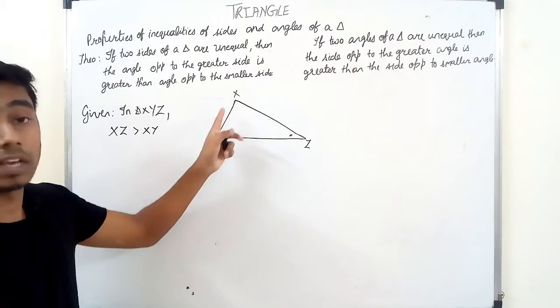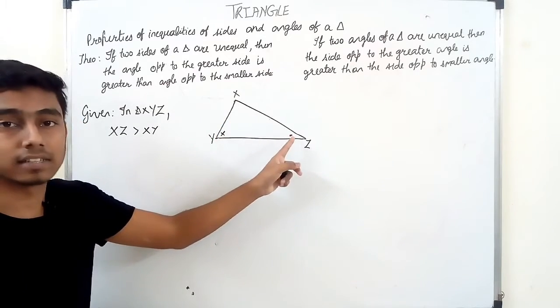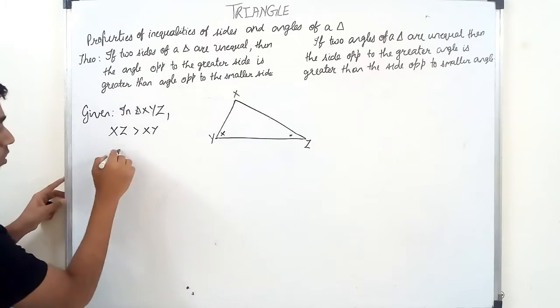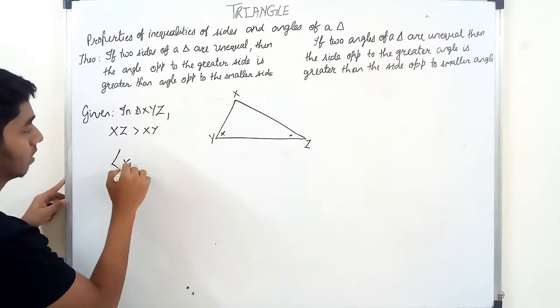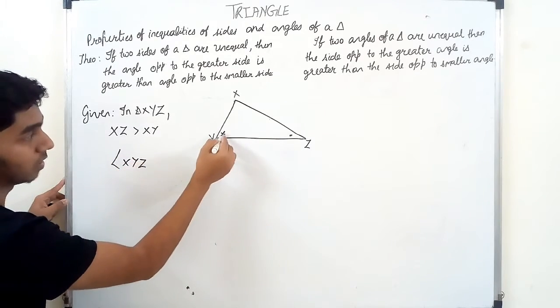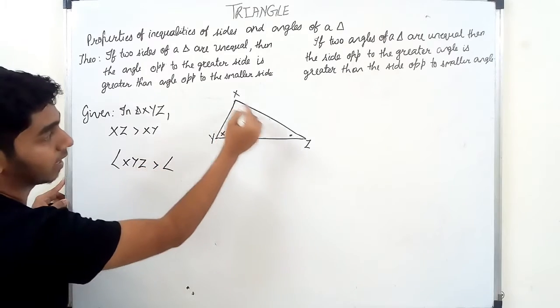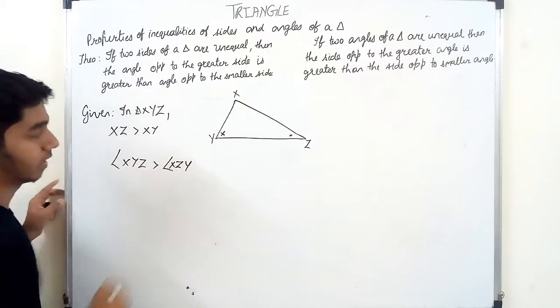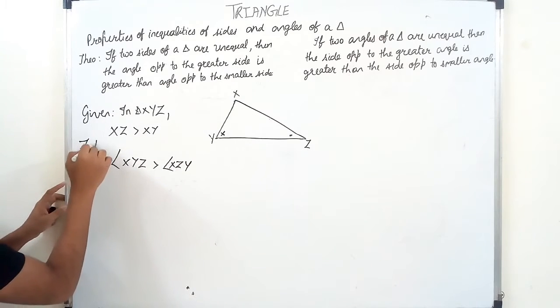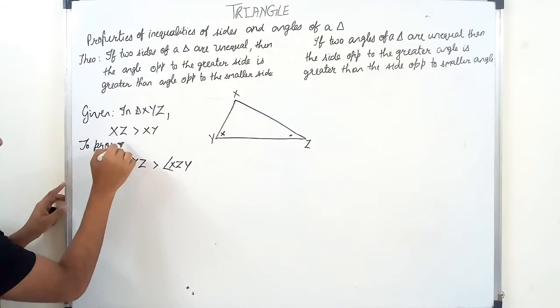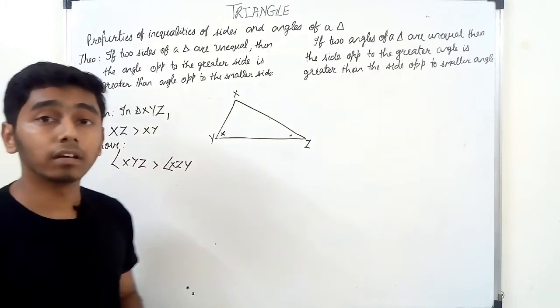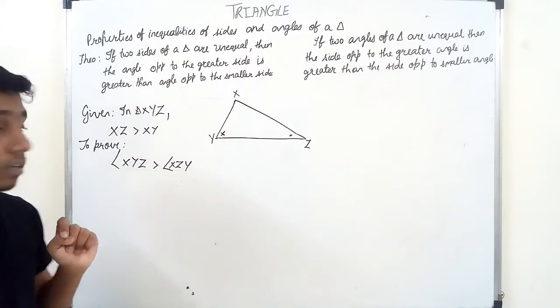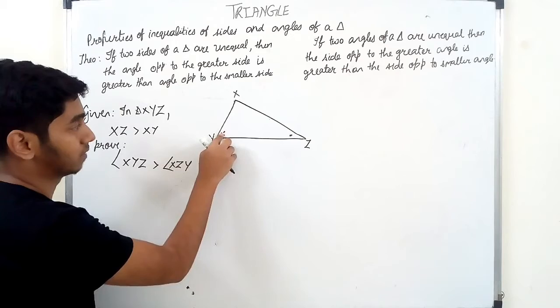That the angle opposite to the greater side is greater. So we have to prove angle XYZ is greater than angle XZY, correct? So this is what we need to prove. So I hope you have understood this so far. Let's see it.